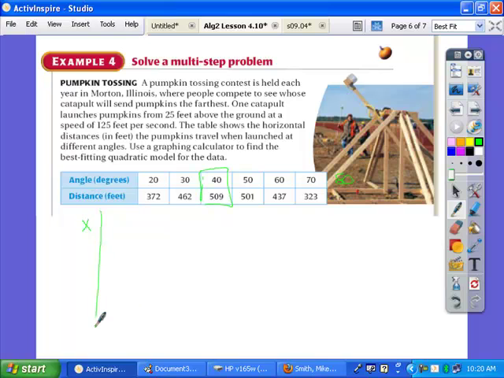And so what we're going to do is we'll call the x's all these values in the top row, so 20, 30, 40, 50, 60, and so on. And the y's will be 372. And again, the y's have to correspond with their x's, 509, 501, and so forth.